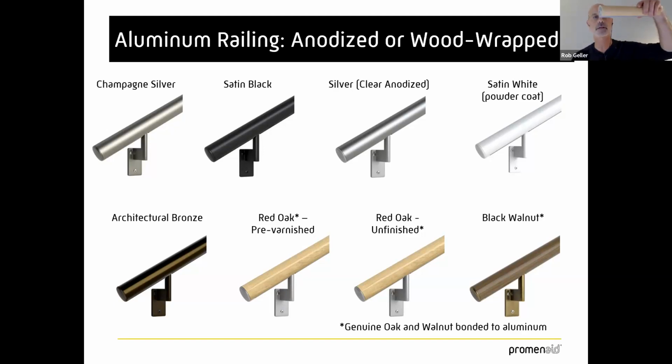It's a thin layer of real wood bonded to the aluminum. Counterintuitively to me, it's actually stronger than solid wood because it's so thin it takes on the properties of the aluminum. It never warps. You can have a 16-foot long piece that has absolutely no defects in it.